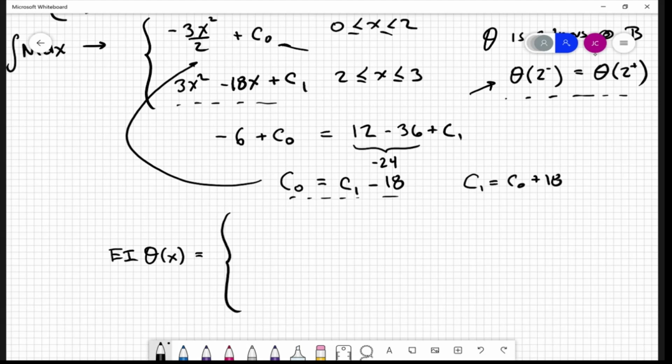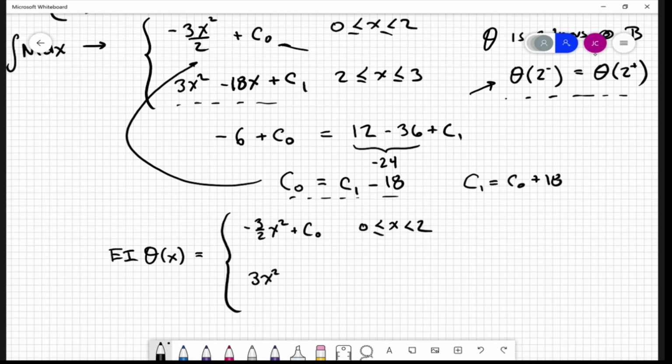So upstairs we get minus 3 halves x squared plus C0, so that has not changed. And then downstairs I still get the 3x squared, and then I got a minus 18x plus 18.